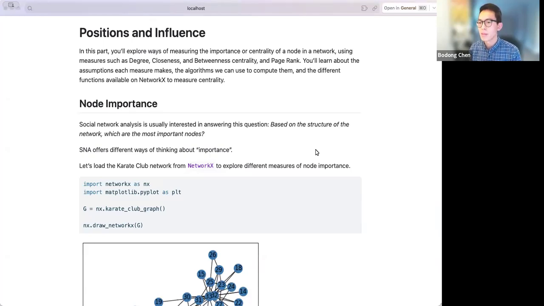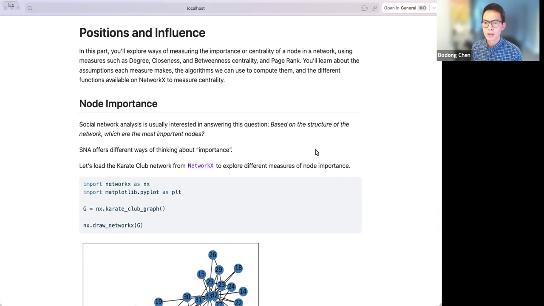The measures we're going to introduce in this video are measures of node importance, which include degree, closeness centrality, betweenness centrality, PageRank, and so on, which capture different kinds of importance as we consider nodes in the network.